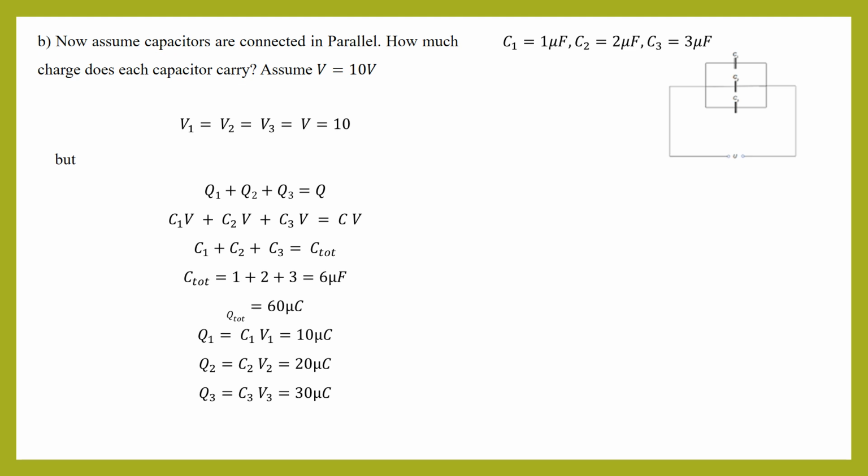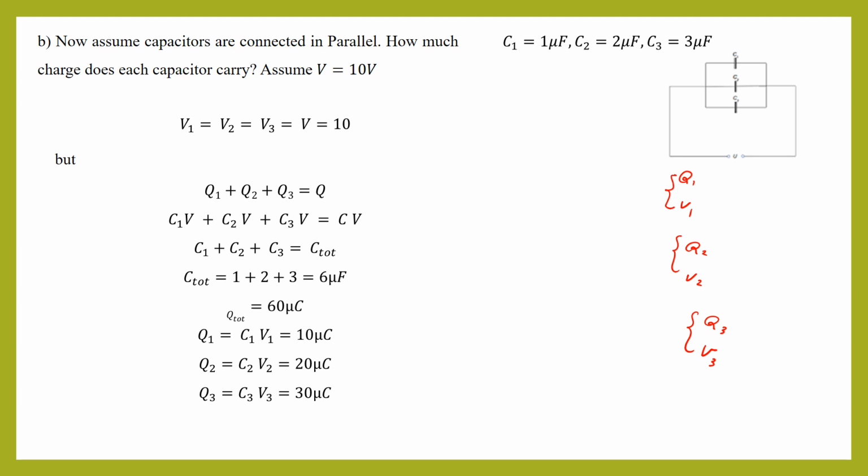Now we assume capacitors are connected in parallel, everyone, something like this picture. Now you should again be able to fill in these three empty points, Q1 V1, Q2 V2, Q3 V3. Have a look at the answer about the total capacitor.